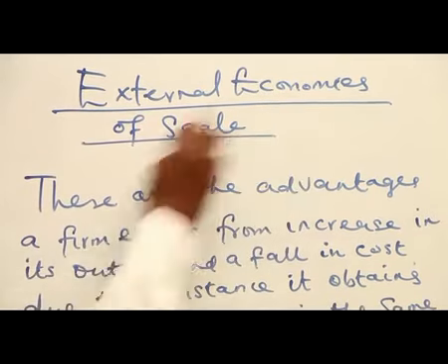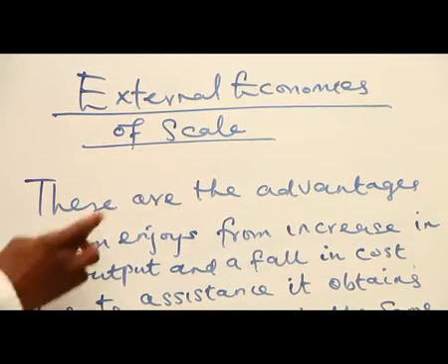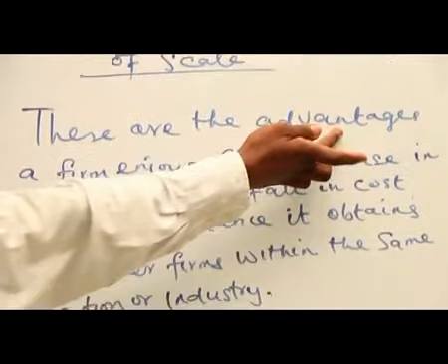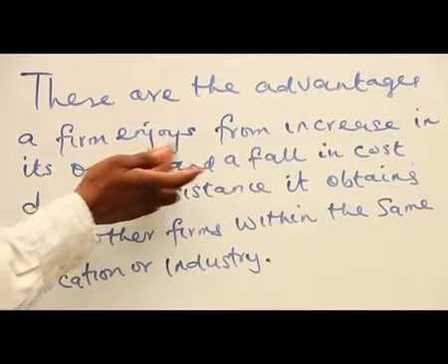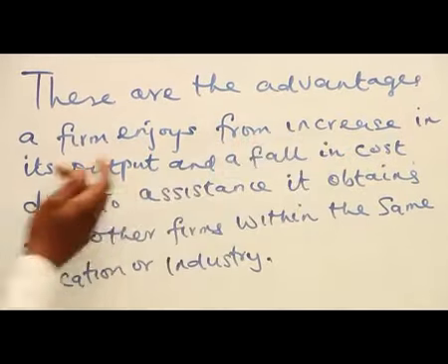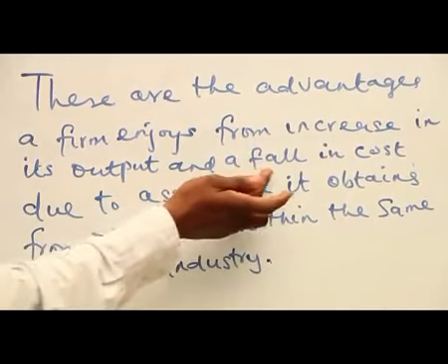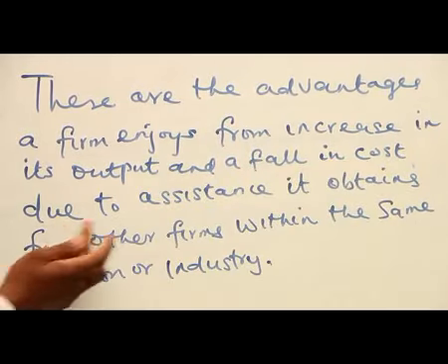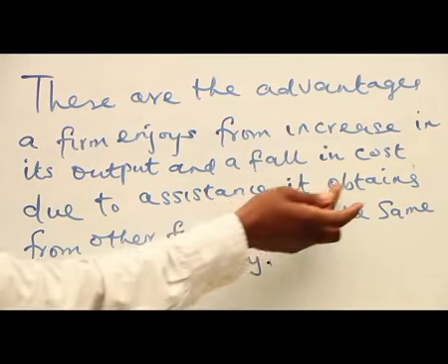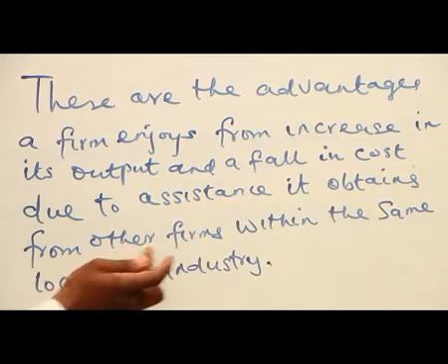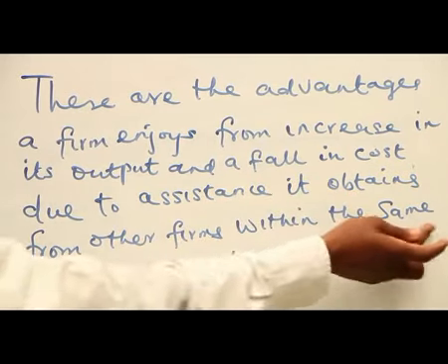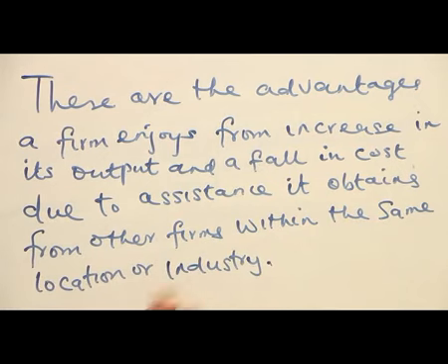External economy of scale. These are the advantages a firm enjoys from an increase in its output and a fall in cost due to assistance it obtains from other firms within the same location or industry.